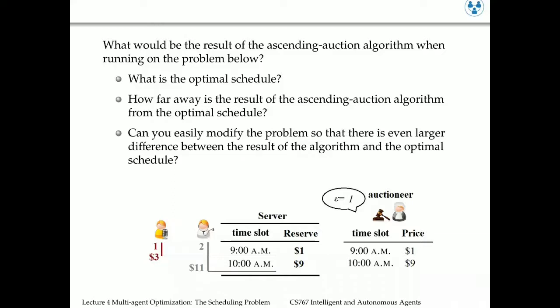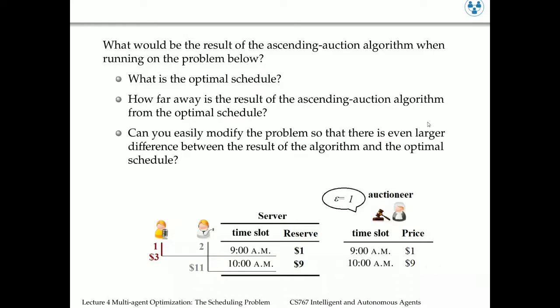Right? And in fact, theoretically, one can prove that there's no bound on the difference between the total reward that we get from this auction mechanism and the total reward that we get from the optimal schedule. There's no bound at all. So you cannot say anything good about the performance of this auction mechanism that I just introduced.